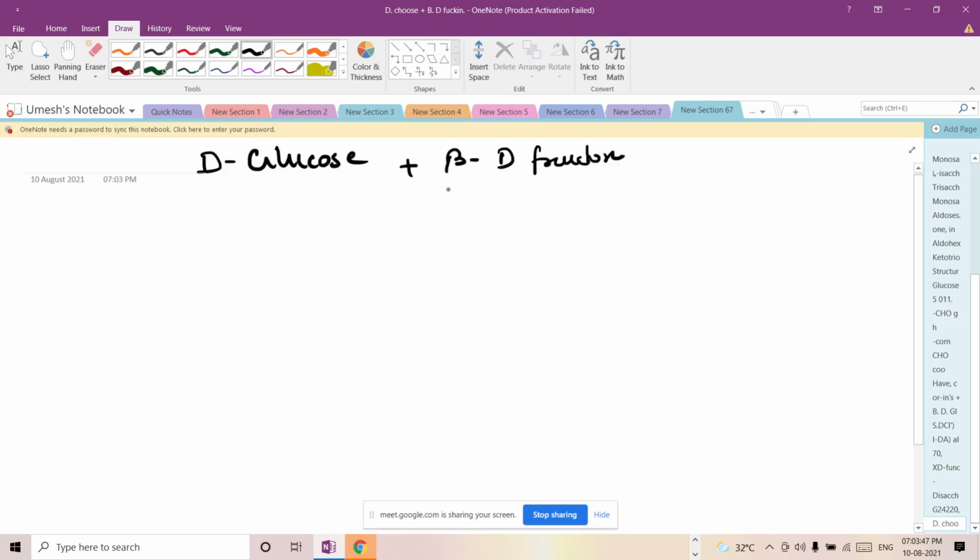The two molecules are joined together, alpha D glucose and beta D fructose.